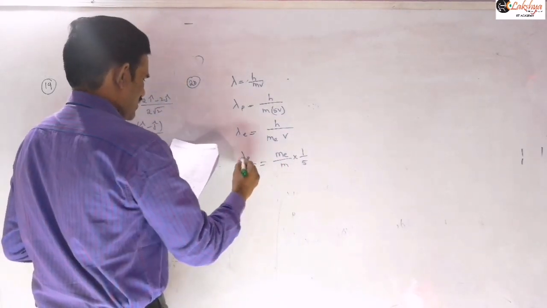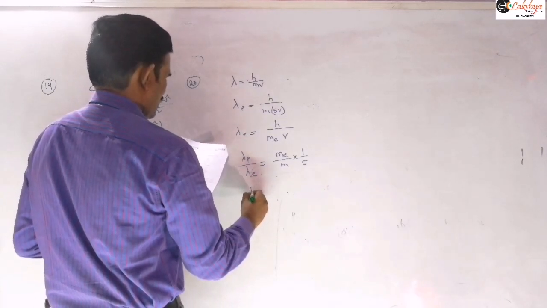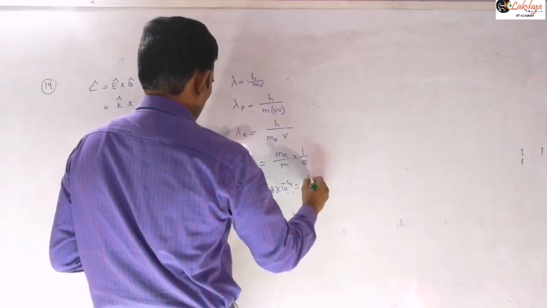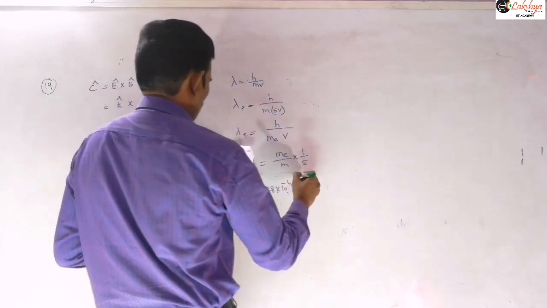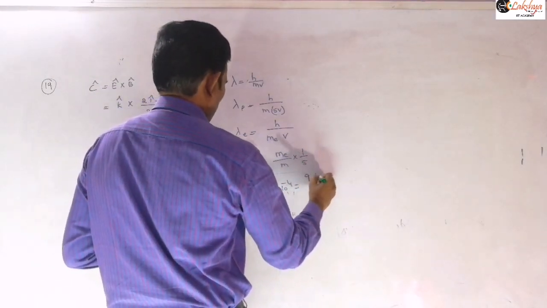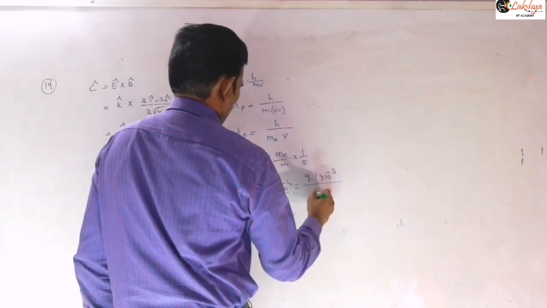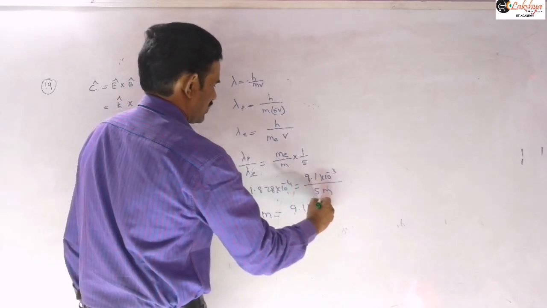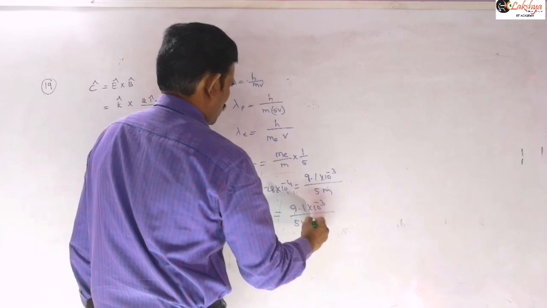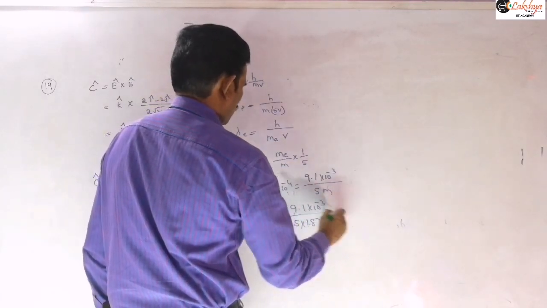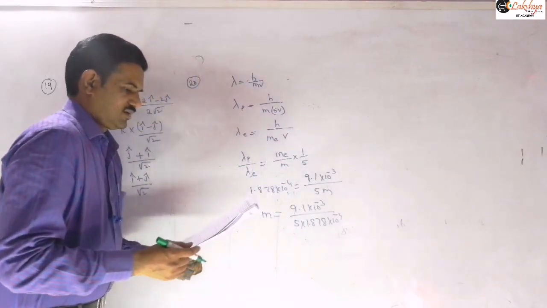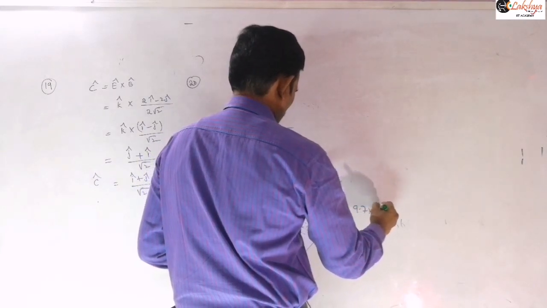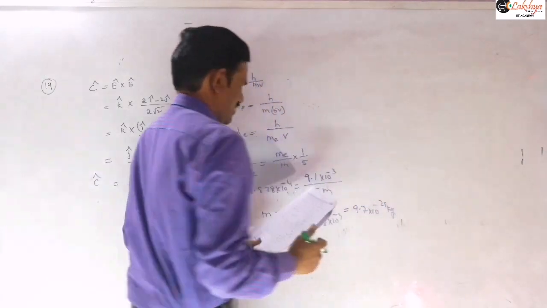This ratio is given, 1.878 into 10 power minus 4, is equal to mass of electron, which we know already, 9.1 into 10 power minus 31, by 5 m. So just write this m value this side and simplify: 9.1 into 10 power minus 31 by 5 into 1.878 into 10 power minus 4. Simplify that, then you will get around 9.7 into 10 power minus 28 kg. So that will be the mass of that particle there, right?